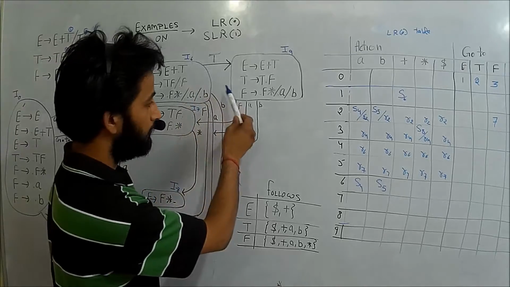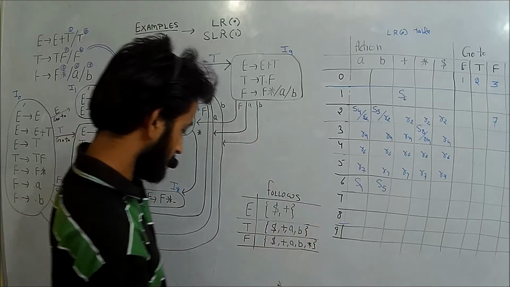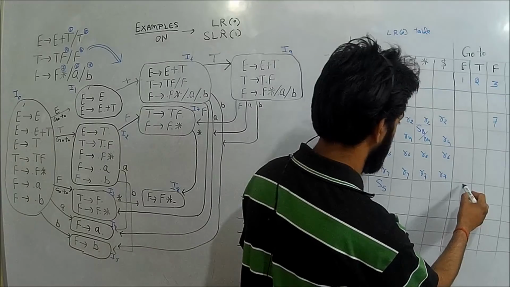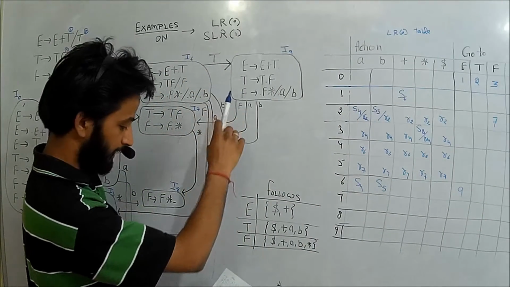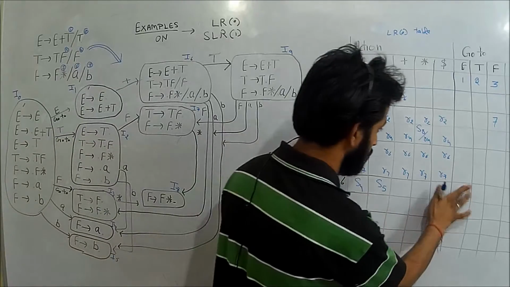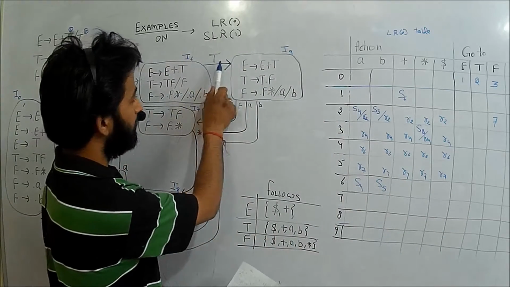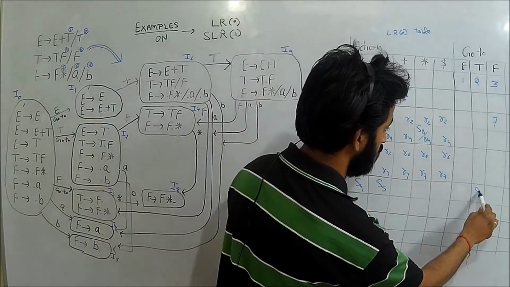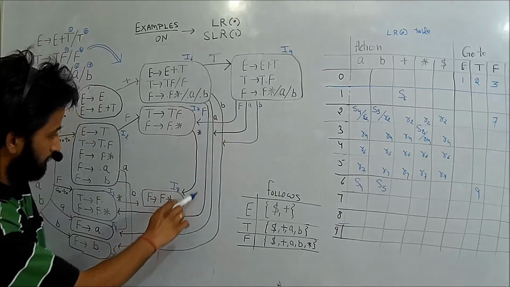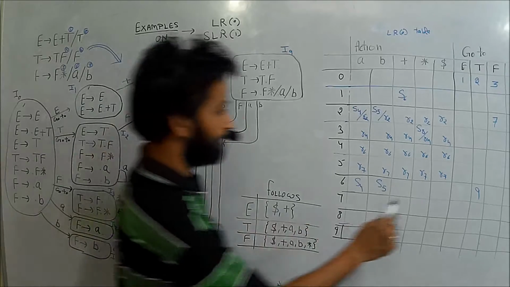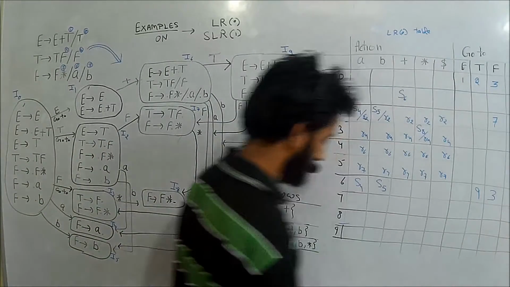Goto table, goto for the 6th we have 9 by taking T. So this I6 by taking T will go to 9, and by taking F will go to 3. Okay, so I will mention it here.